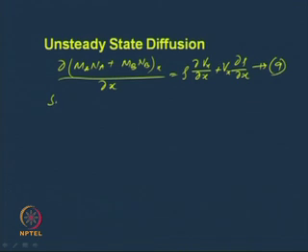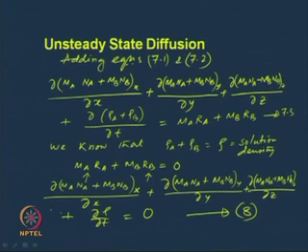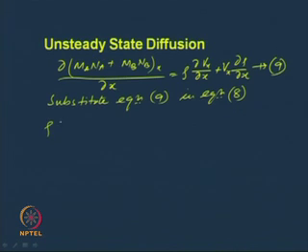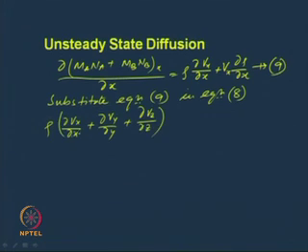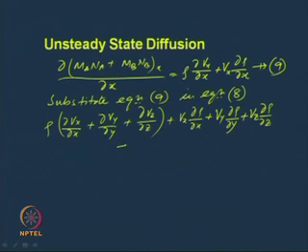Now, if we substitute equation 9 in equation 8, the equation is ρ(∂Vx/∂x plus ∂Vy/∂y plus ∂Vz/∂z) plus Vx ∂ρ/∂x plus Vy ∂ρ/∂y plus Vz ∂ρ/∂z plus ∂ρ/∂t is equal to 0.